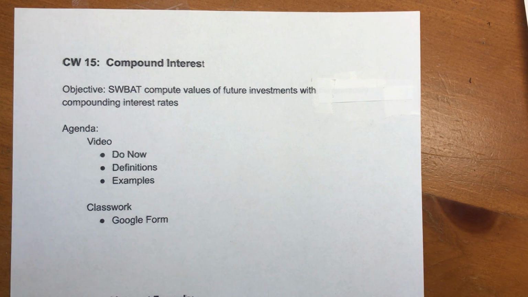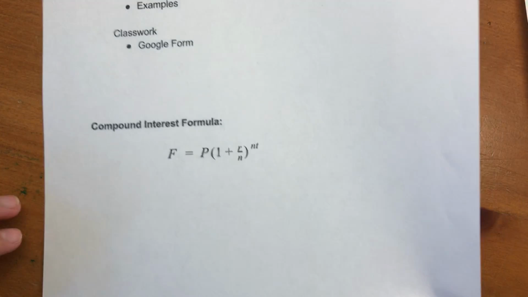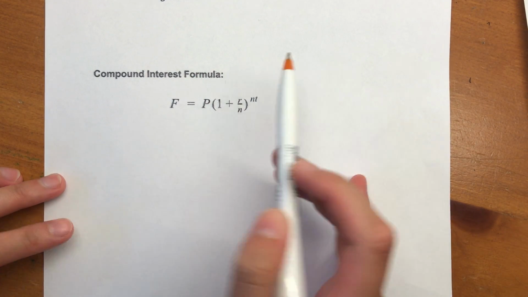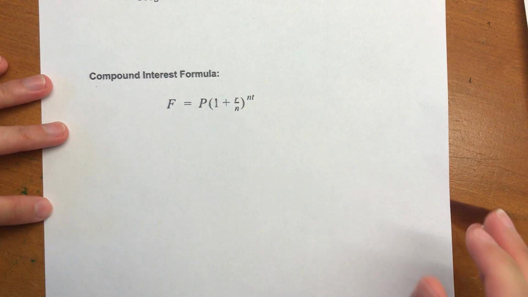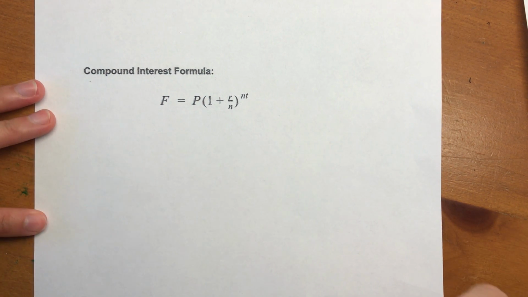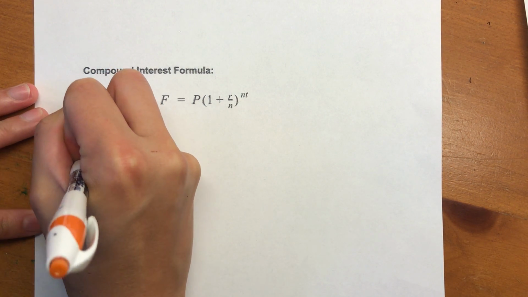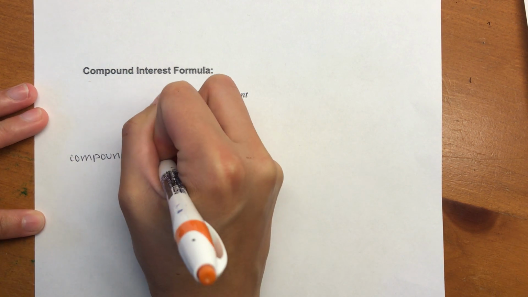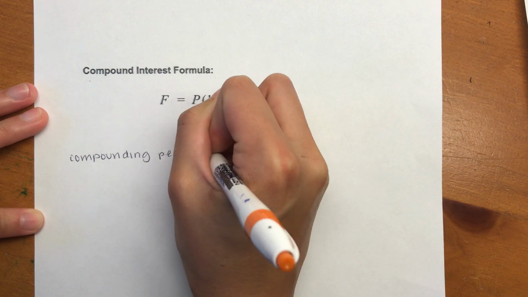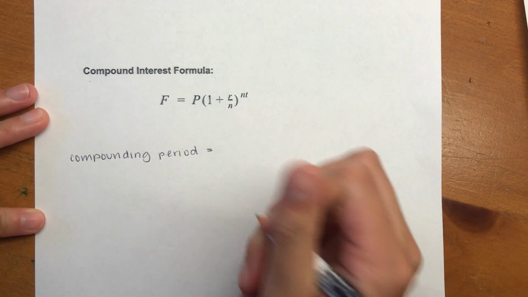Okay, so let's first talk about what compound interest means. When we have compound interest, that means that there's a compounding period. The compounding period is how often the interest is compounded.